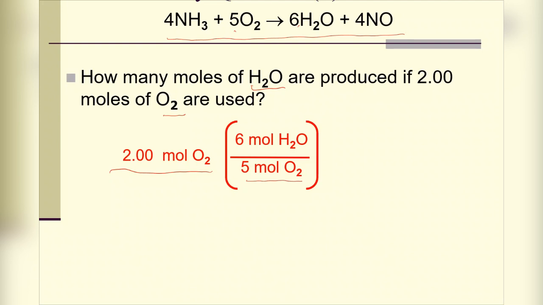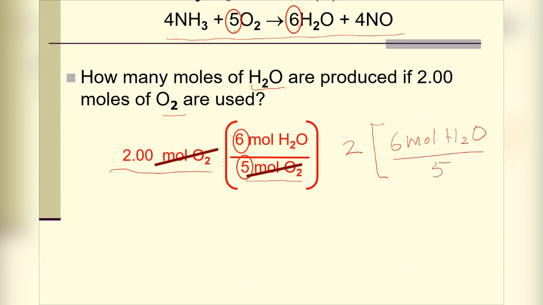And we are multiplying. Okay? So, now this 5 and 6 from the equation. Now we are solving. Mole O2 on both sides cancel out. What we got? 2 times 6 over 5. So 2 times 6 mole of H2O divided by 5.